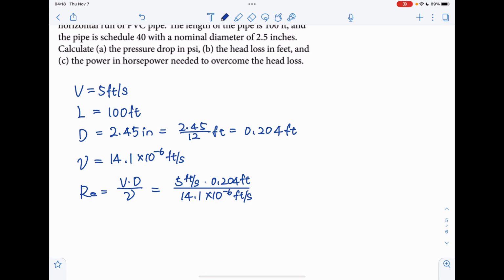So our Reynolds number is 72,400, which means the flow is turbulent.